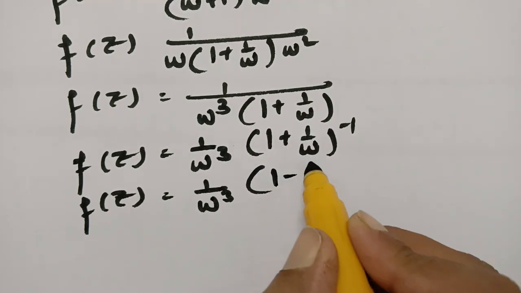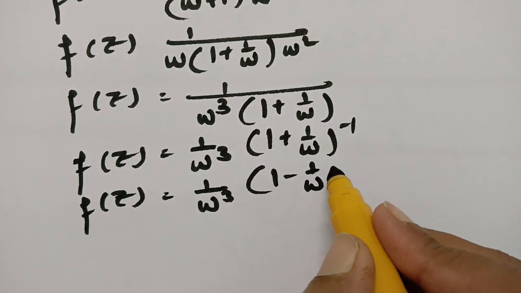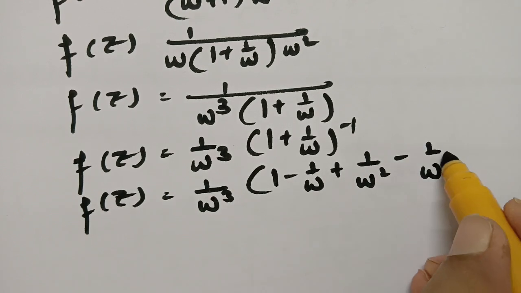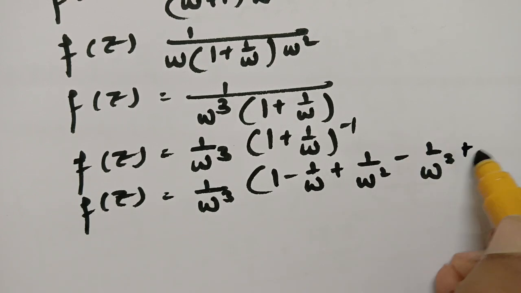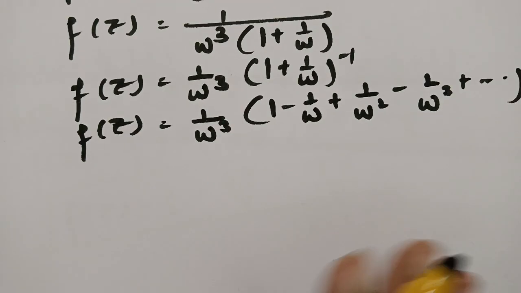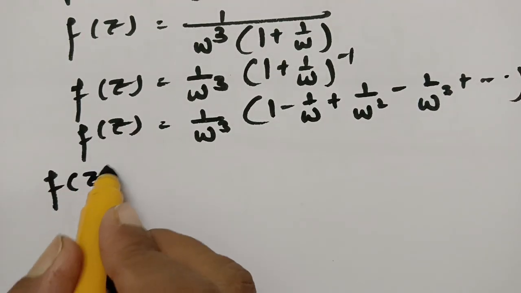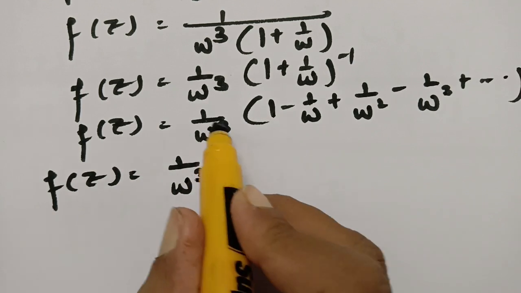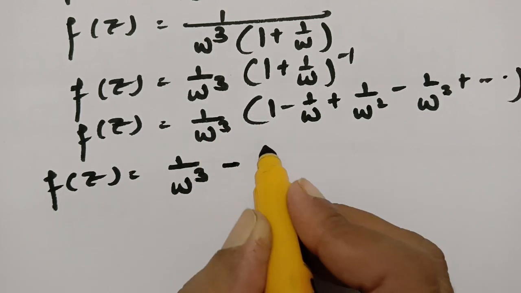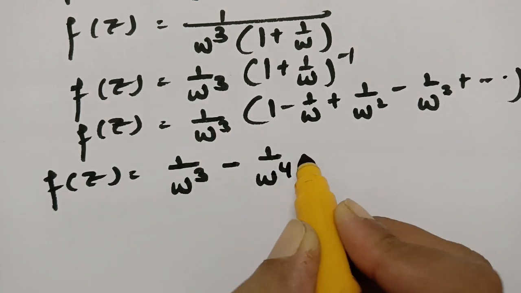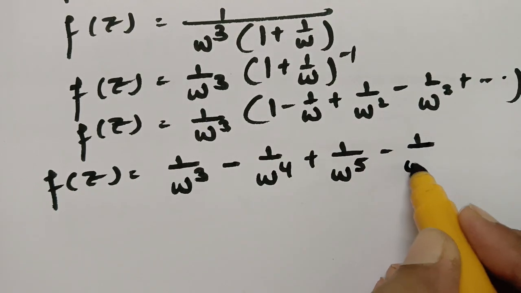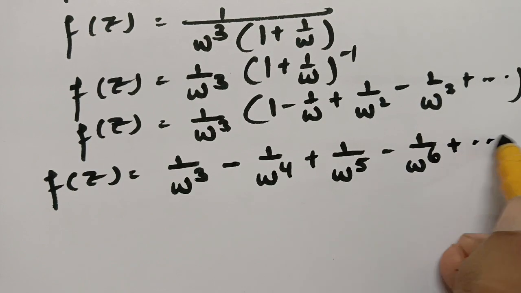If I expand this, it will be 1 minus 1 by w plus 1 by w square minus 1 by w cube, and so on. If I take 1 by w cube inside, f of z is 1 by w cube minus 1 by w power 4 plus 1 by w power 5 minus 1 by w power 6, and so on.